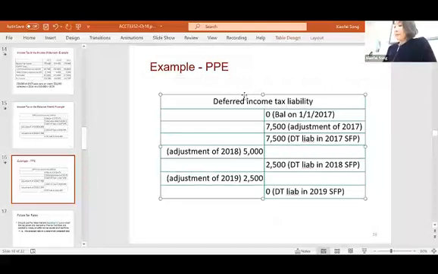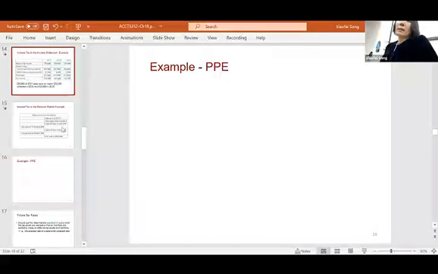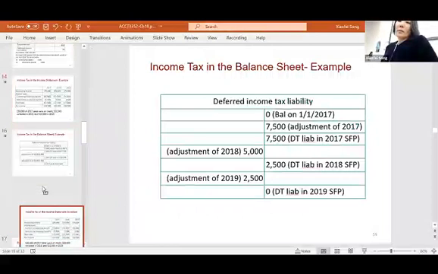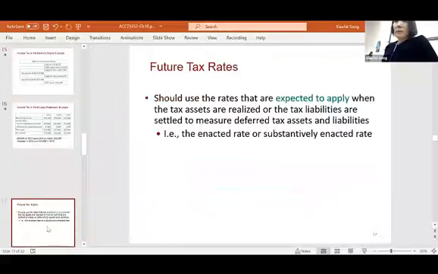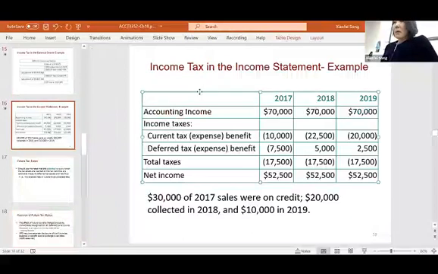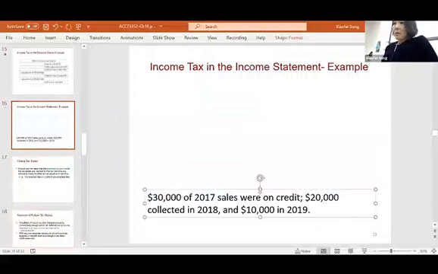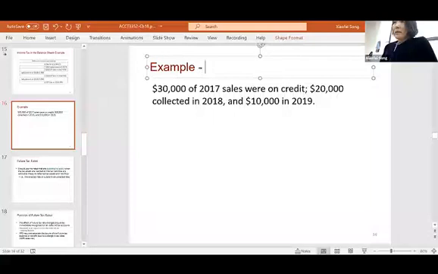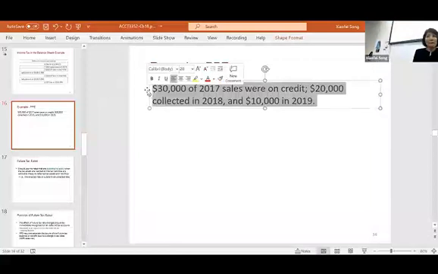And quite often, with PPE, a very common situation is the company would use the straight line method for financial reporting purposes, which is used most of the time just because it's simple.